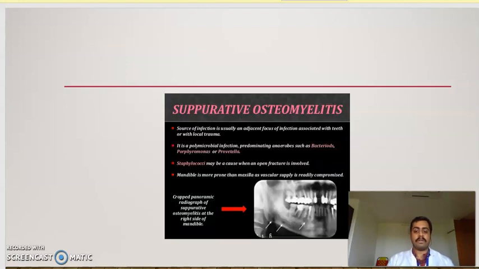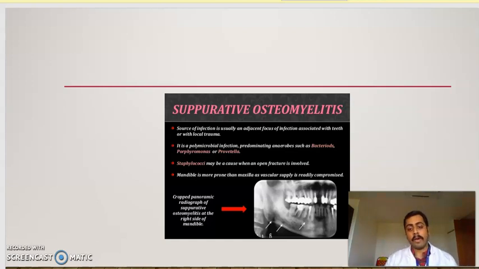Now, suppurative osteomyelitis. The source of infection is usually an adjacent focus of infection associated with teeth or with local trauma. It is a polymicrobial infection. Polymicrobial is defined as an infection which is caused by a combination of different microbes.